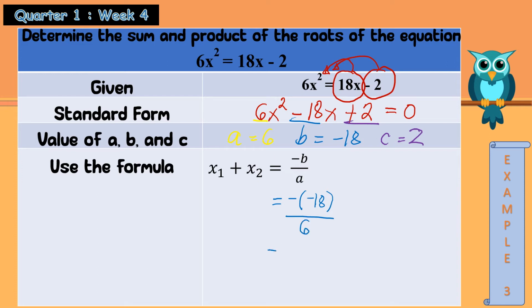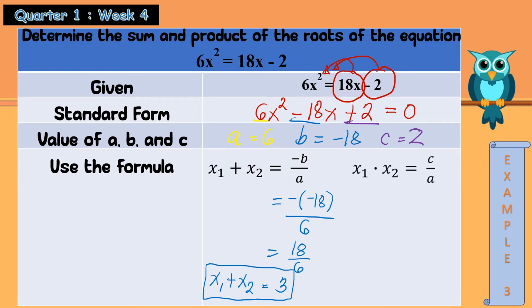So when we simplify negative times negative 18, this will now become positive 18 divided by 6. So therefore, when we divide 18 by 6, we come up here as the sum of the roots of the given quadratic equation equal to 3, or positive 3.